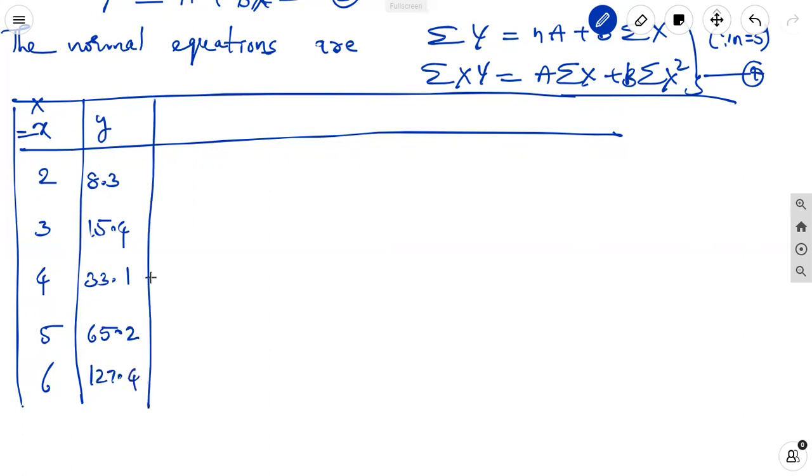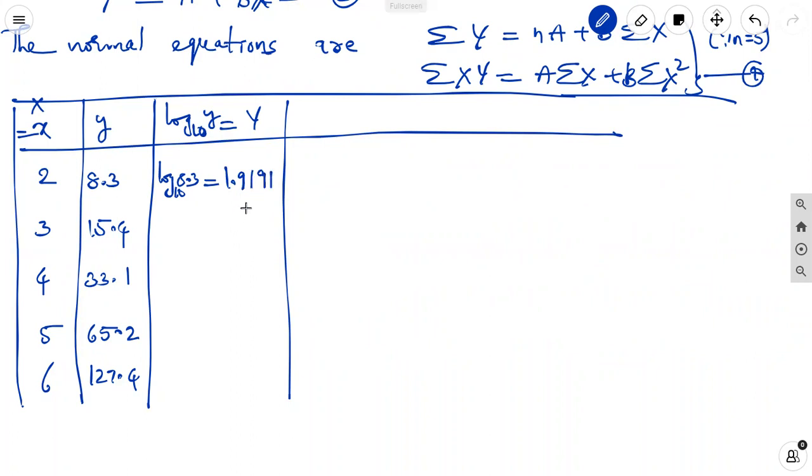Now we can take log y base 10 value, which is equal to capital Y. Here log of 8.3 base 10 is equal to 1.9191.